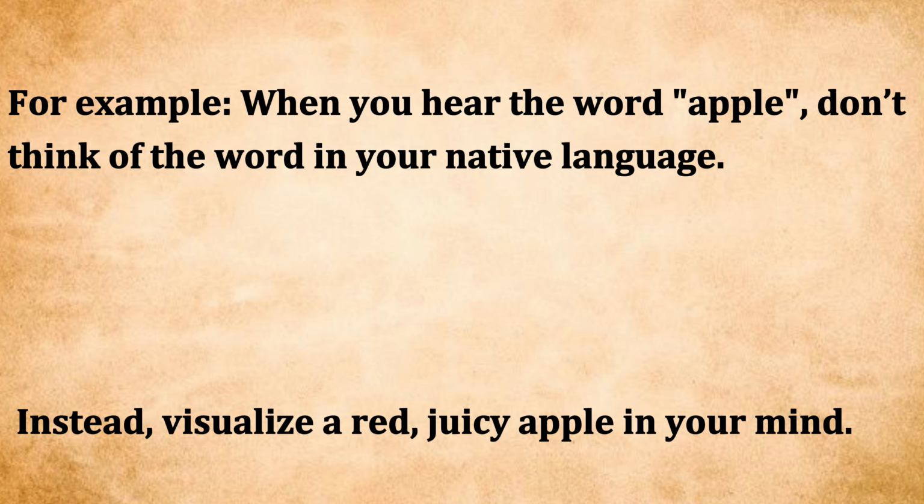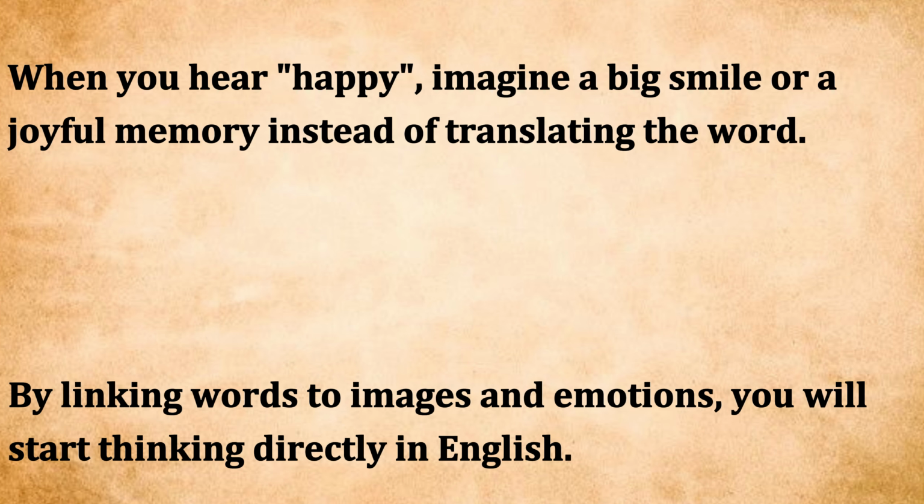For example, when you hear the word apple, don't think of the word in your native language. Instead, visualize a red, juicy apple in your mind. When you hear happy, imagine a big smile or a joyful memory instead of translating the word. By linking words to images and emotions, you will start thinking directly in English.